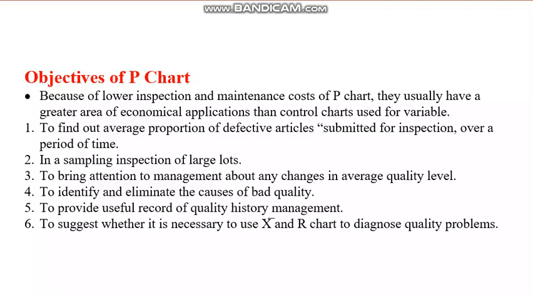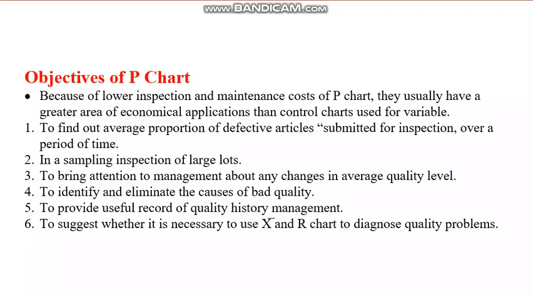Okay, to bring attention to management about any changes in average quality level. So if something is not up to the mark, you have to bring it to the notice of the top management, or whoever is responsible to take action.